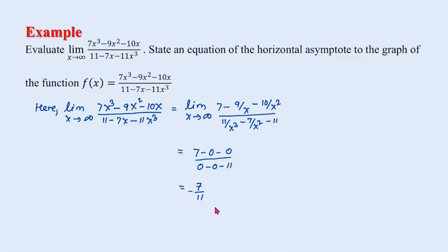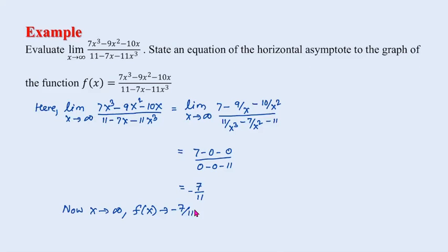So we can say for the second part, the equation of the horizontal asymptote. So what we get is, when x approaches infinity, we saw that the value of the function approaches negative 7 over 11. Okay, that is the key there.